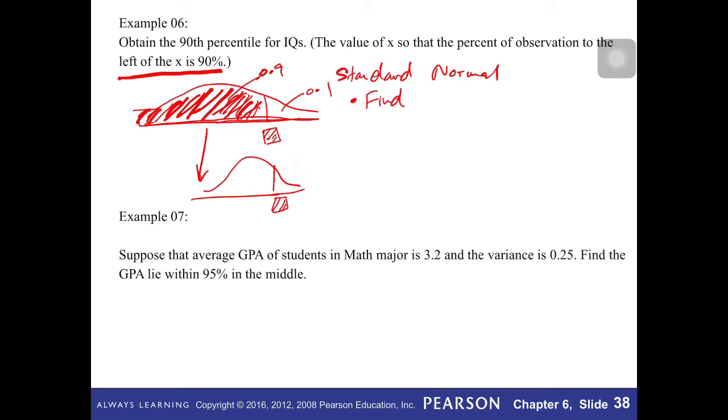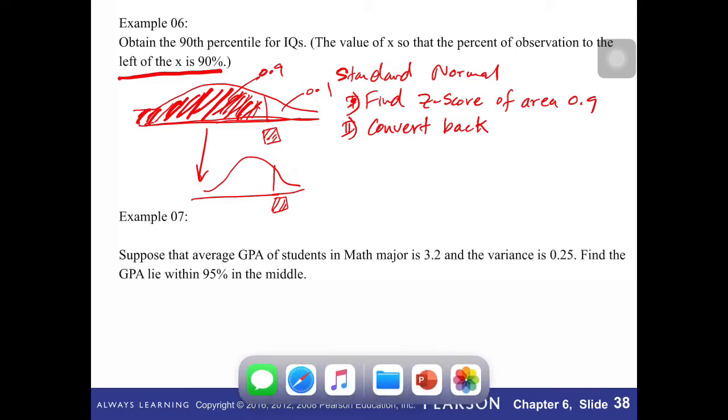You need to first figure out the c score based on that area. Find the c score of area 0.9. Then, third, you have the c score, convert back, and that's the value.